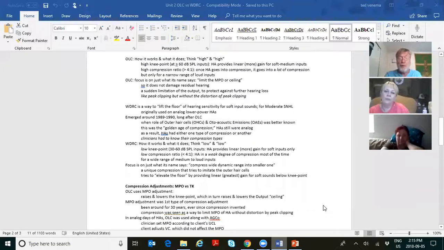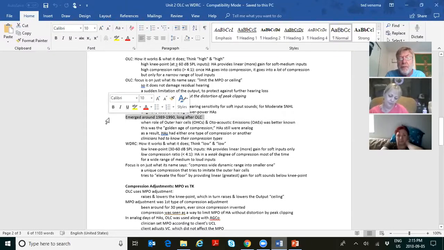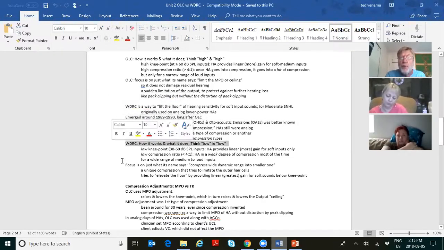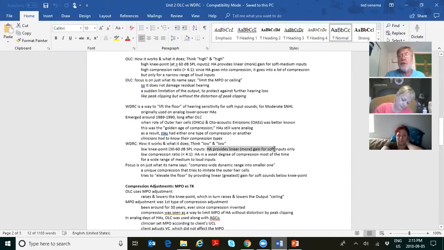Next. Okay. Notes. So we're almost done this section. I'm painting with broad strokes here. WDRC emerged later. How it works, what it does: think low and low. Low knee point, and the hearing aid provides linear, most gain for only the soft inputs that are below this low knee point.